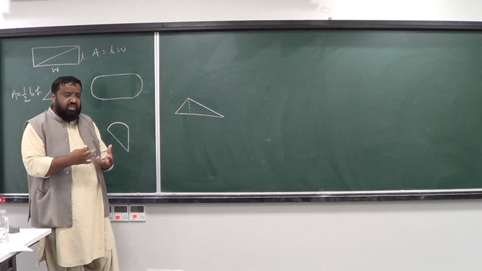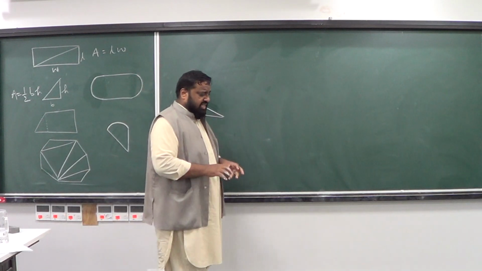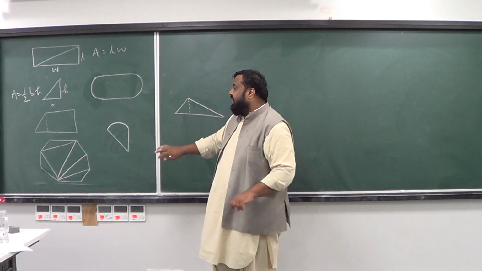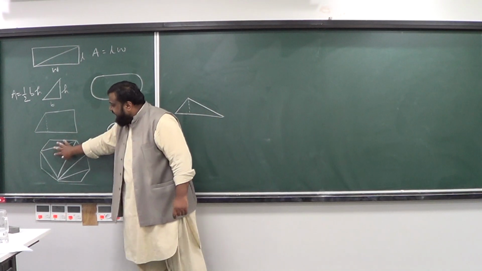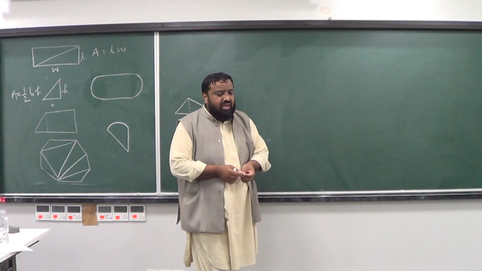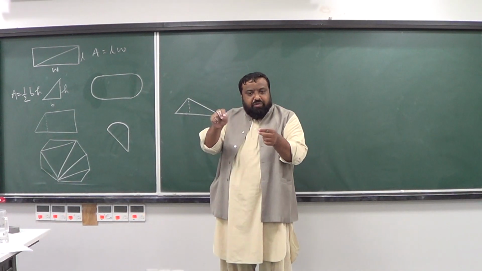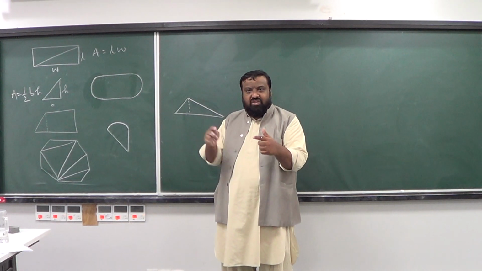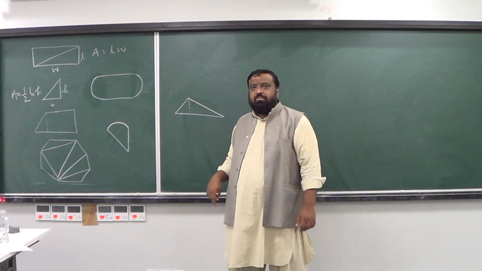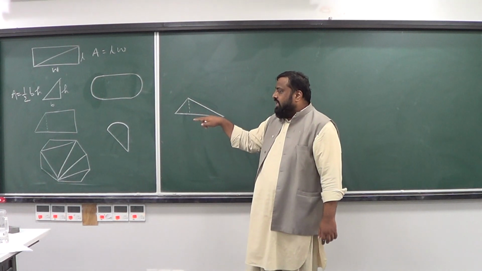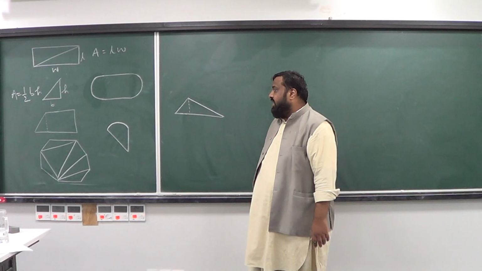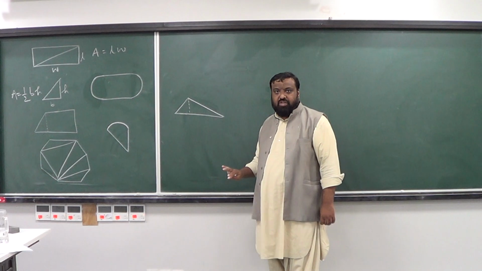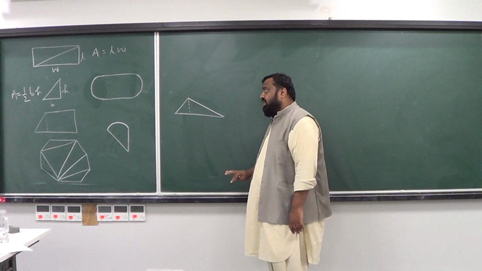So the right angle triangle is really the basic building block for any regular picture. By regular I mean a picture made up of line segments, in which you have some corners, so it has a regular shape. You can always split such a regular shape in terms of triangles.